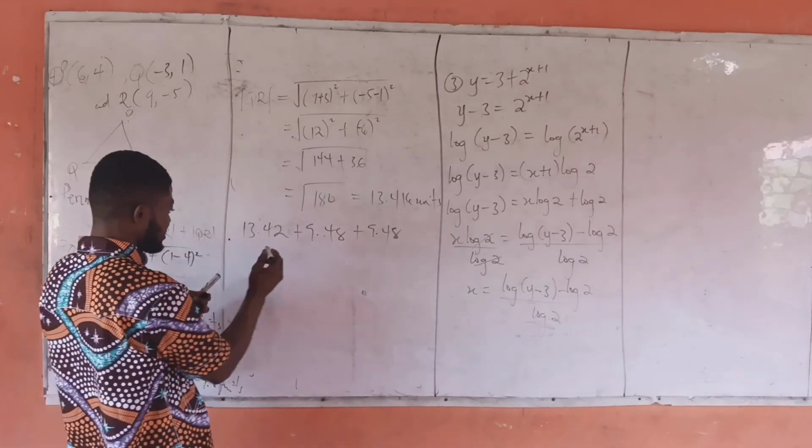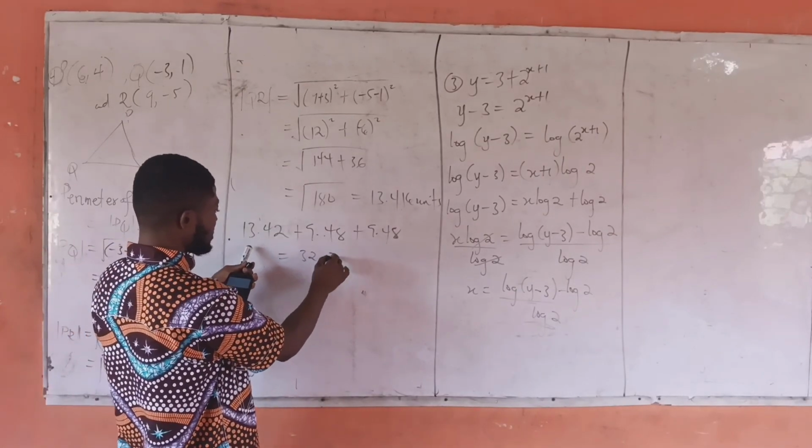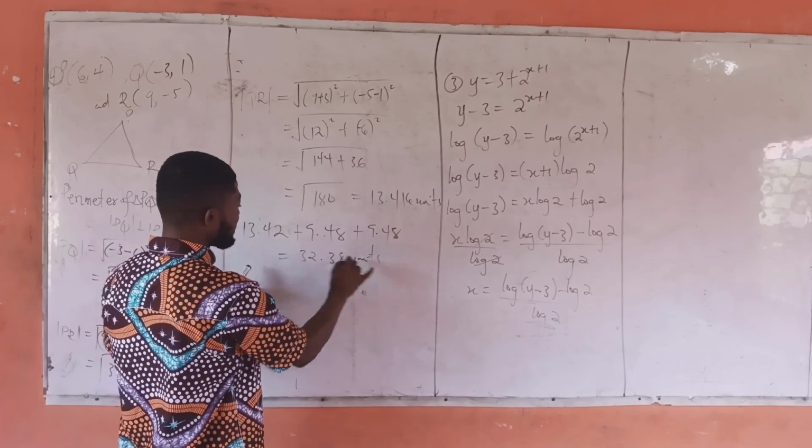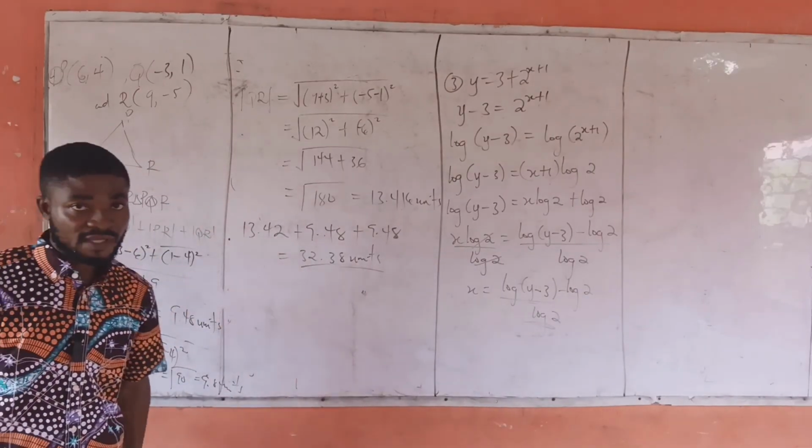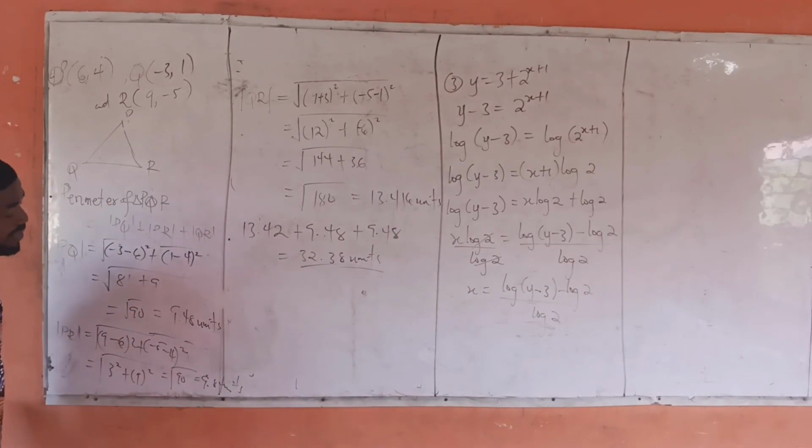And that gives us 32.38 units. And so the perimeter of this particular triangle, as we saw from the question, is 32.38.